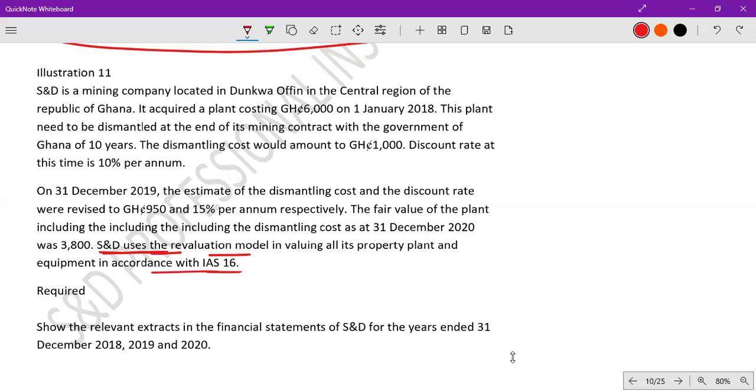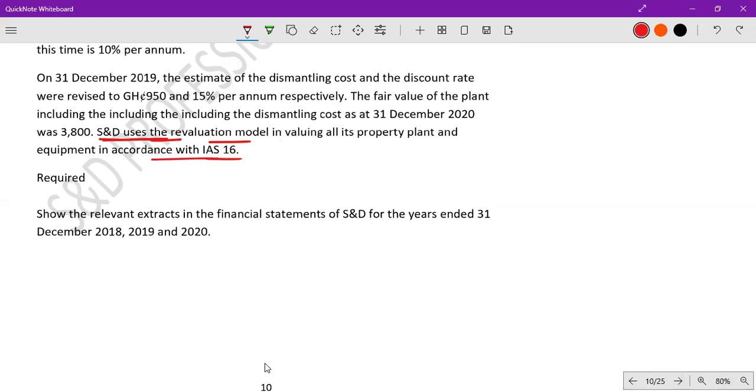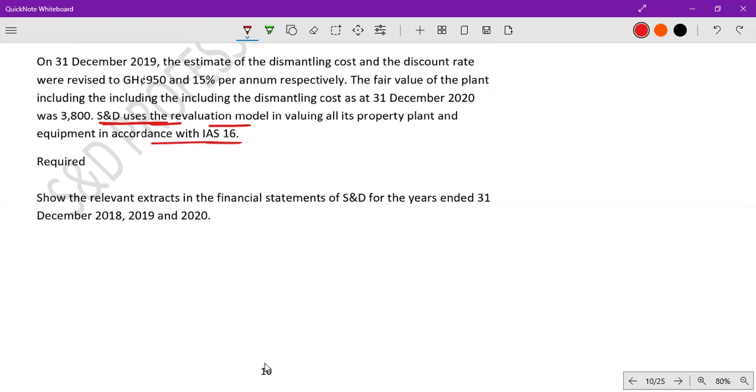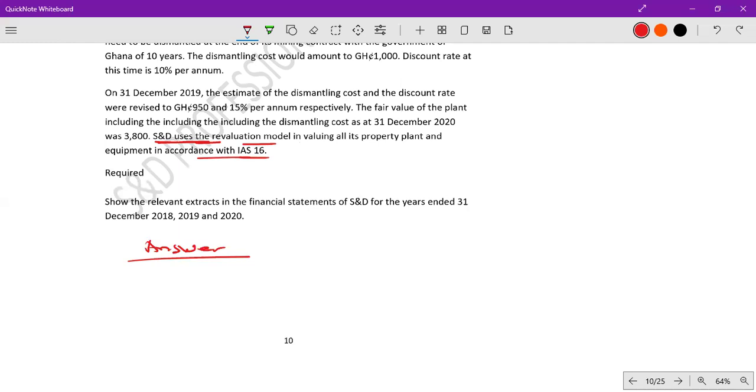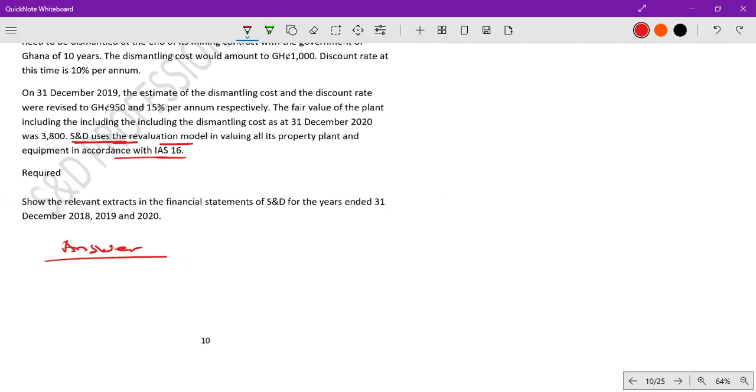Where should I solve it? Okay, so let me solve it under this. So let's say answer. Everybody must pay attention.